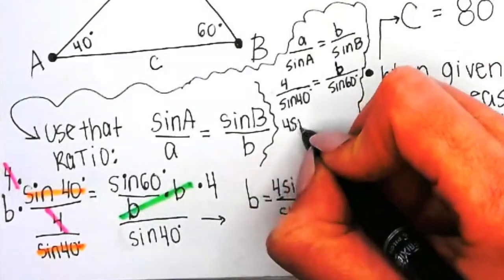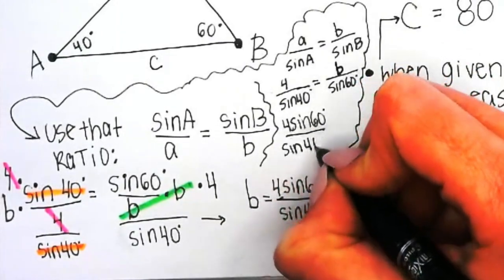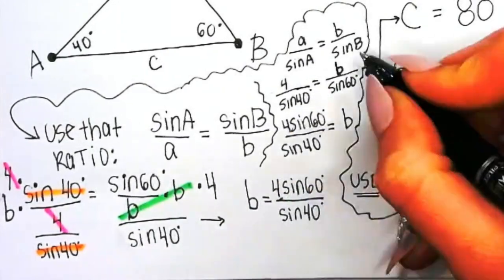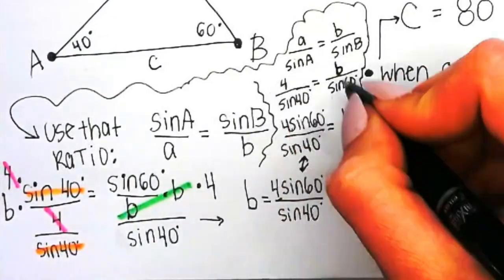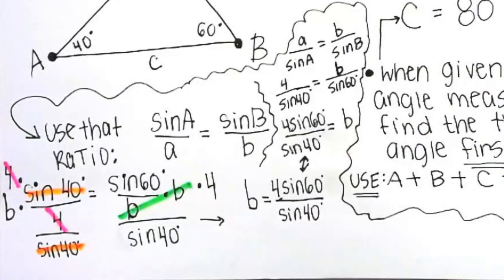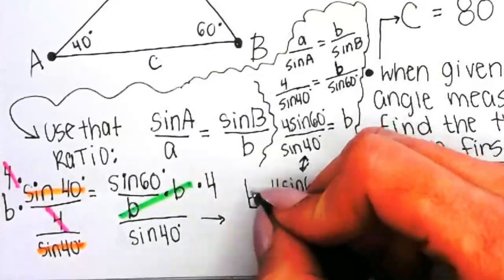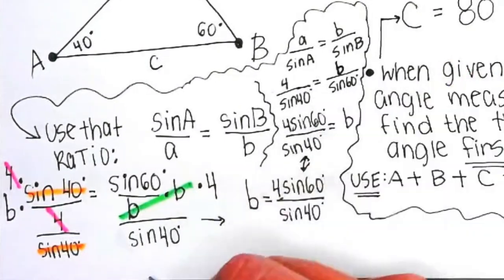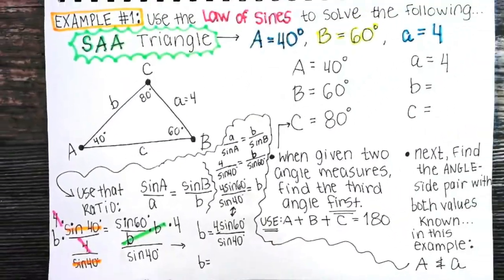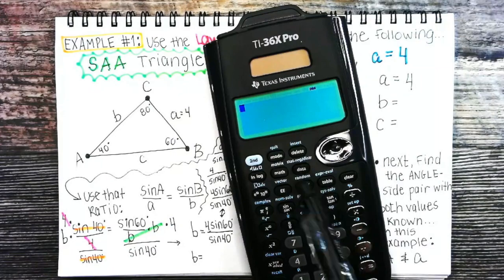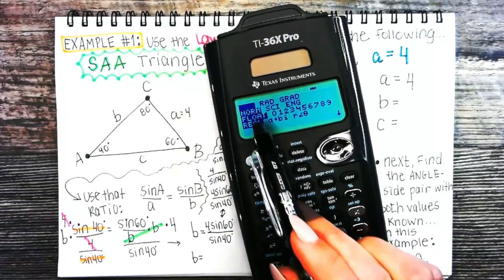Now, I didn't show the work just because I ran out of room, but I hope you can see that we get the exact same expression set up for the value of b in both ways, but this one's a lot cleaner. Now that I have b set up like this, whatever way you decide to do it, all you need to do is evaluate this in the calculator. You always want to make sure that your calculator is in the right mode.